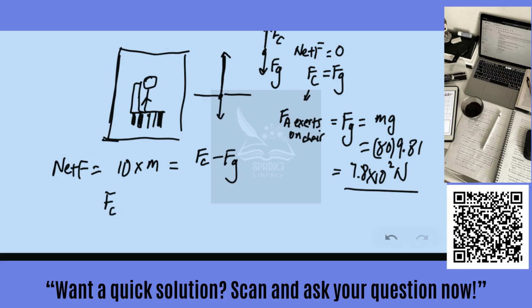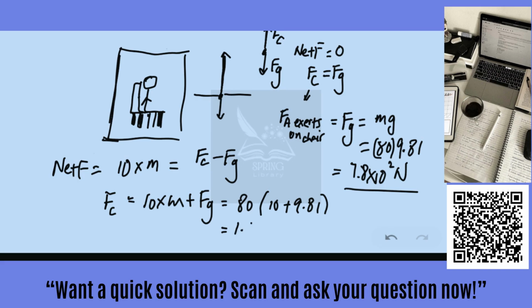So we can find what is Fc, right? Force steady chair exerting on the astronaut equals 10 times m plus force due to gravity. And this will give us 80 kg, which is the mass, multiplied by 10 plus 9.81.